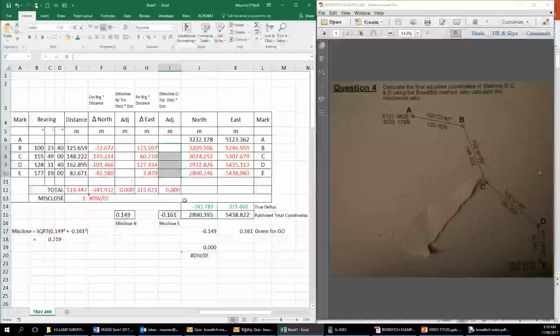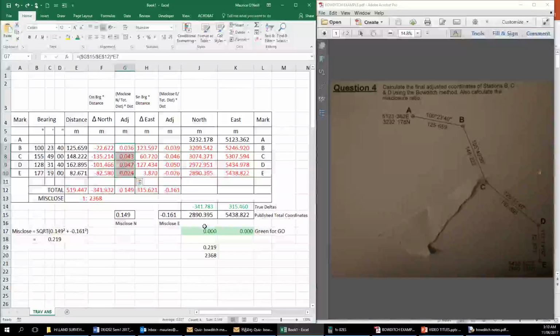So what I've got to do is make sure that these two endpoints, this one and this one, agree. I'll just go Control Z. But anyway, so these are the total coordinates.